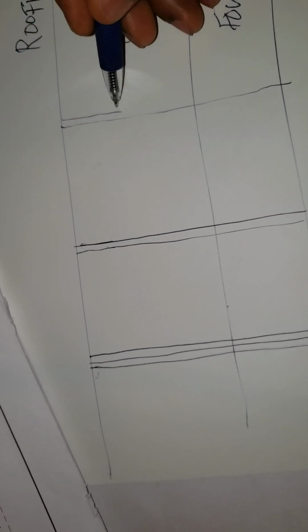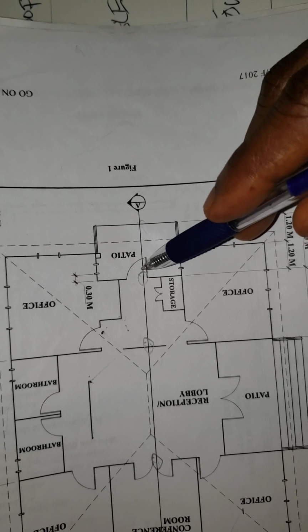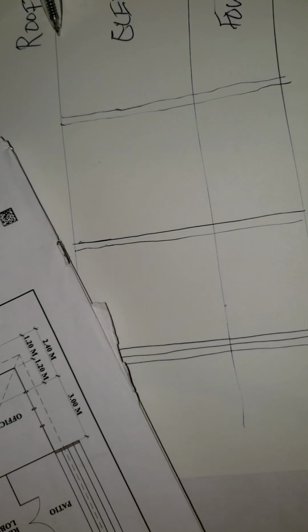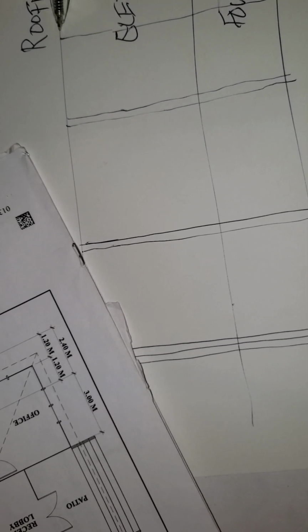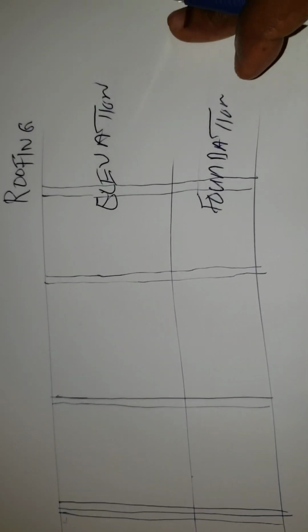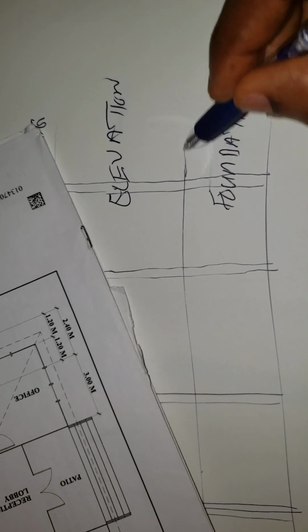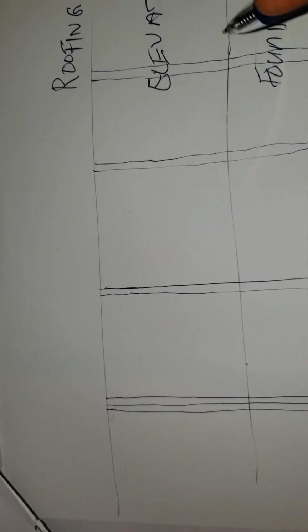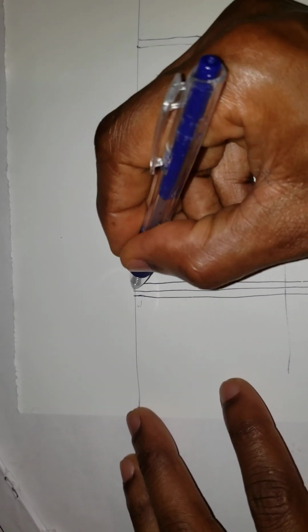And the wall thickness. Then we cut into this other door here. It should go over into this. And out here we have the patio.